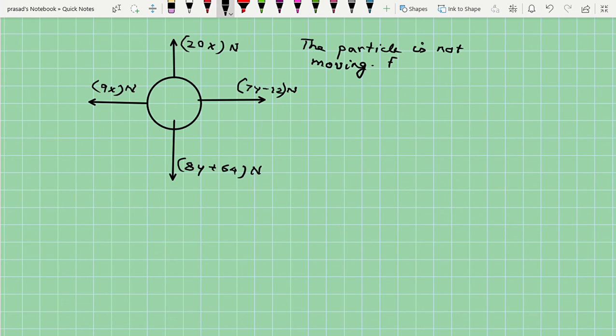So find x and y. So again, since it is given that the particle is not moving, that means it is not accelerating. So no resultant force acts on the particle, and hence the forces are balanced in vertical as well as horizontal direction. So try these problems.